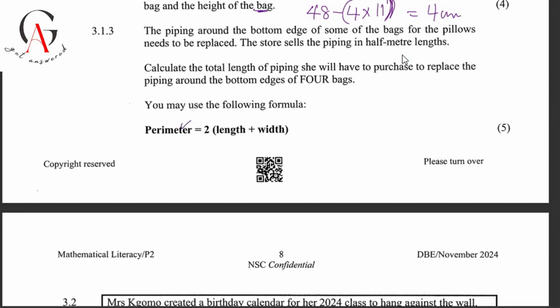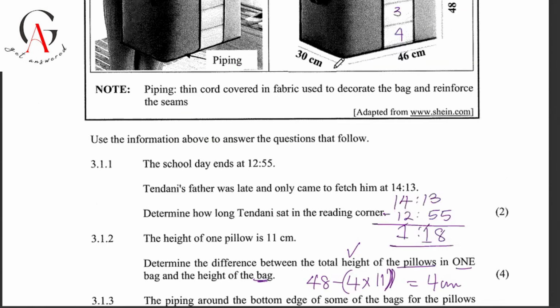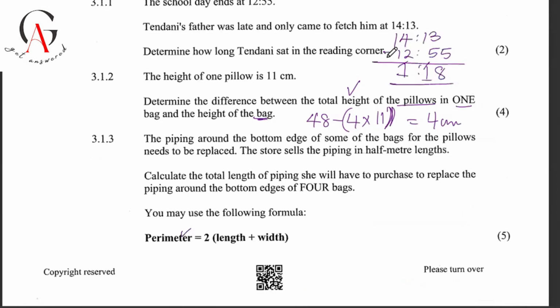So we're going to find out, for only one bag, how much perimeter, how much length does it need? So it's 30 by, remember they're saying bottom, so it will be 30 and 46.